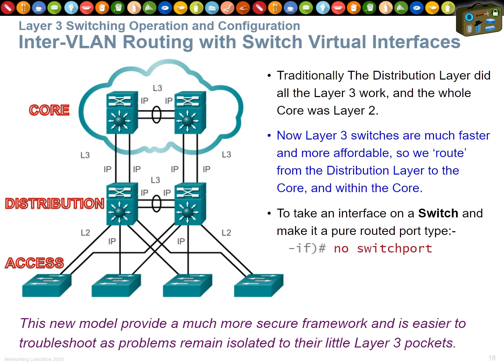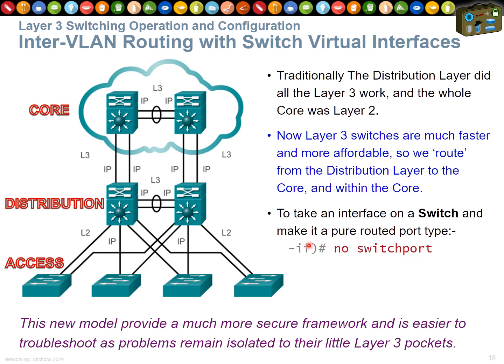And this comes back to our lovely three-layer model, core, distribution, access. The old school days was to have a pure layer 2 core. But now, for better redundancy, because the routing is much more efficient, they want a layer 3 core. Now, you can either use VLANs and route into the core, or you can literally just come to each of these interfaces and actually make this a pure layer 3 routed connection.